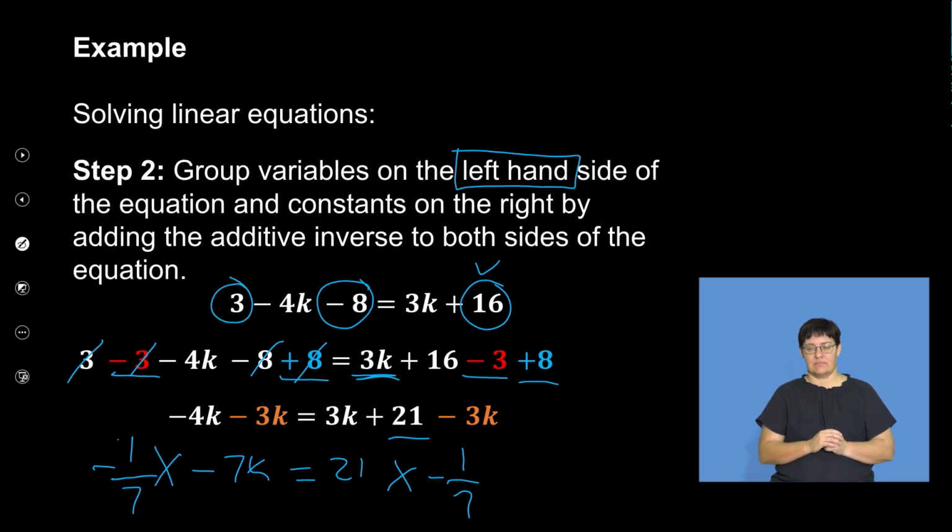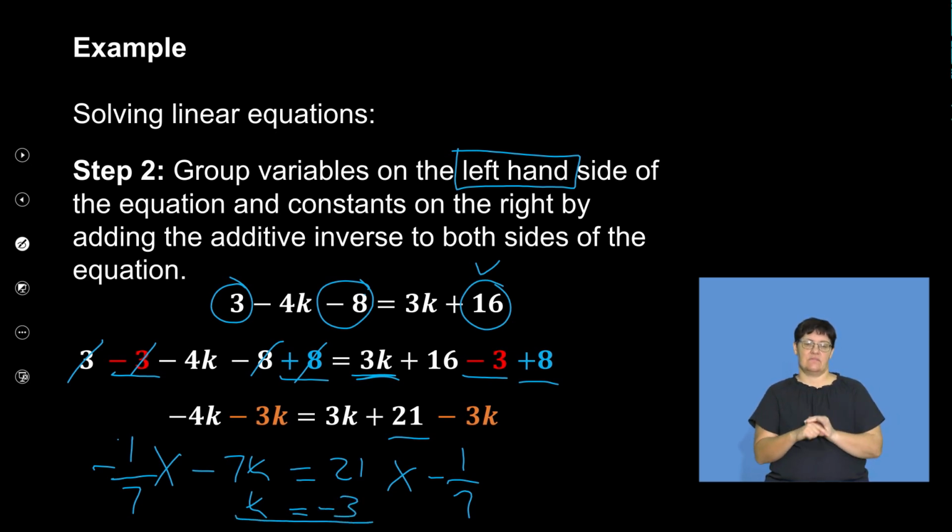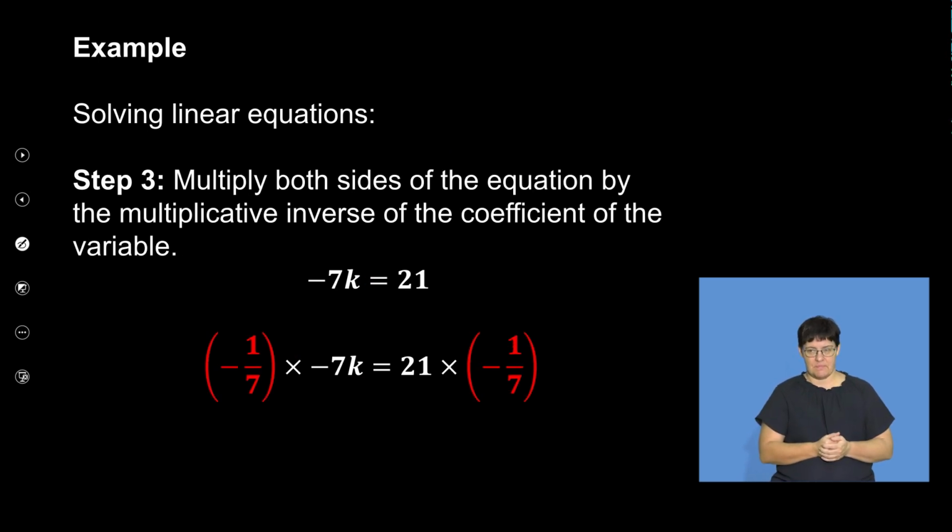So if I simplify this, it is going to give me k alone. And then 21 divided by negative 7 will be the same as negative 3. And that will be my final answer there, right? So what does this mean? You multiply both sides of the equation by the multiplicative inverse of the coefficient of the variable.